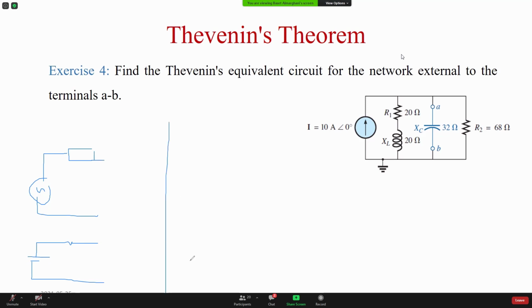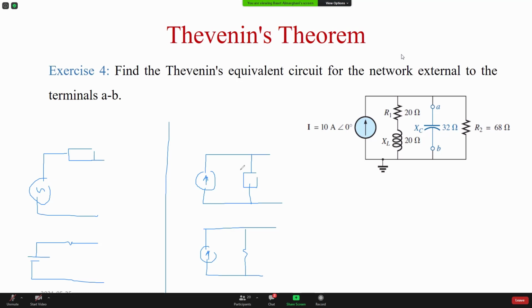Now we're going to find a circuit called Norton, and it is basically just the current source, or it is like this if it's a DC. So the equivalent circuit here is a current source in parallel with impedance.